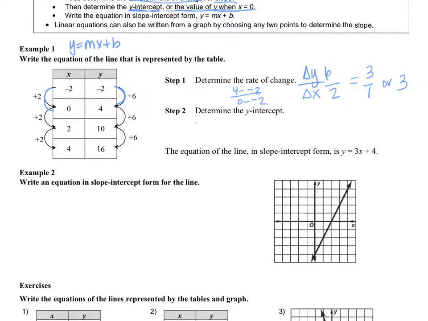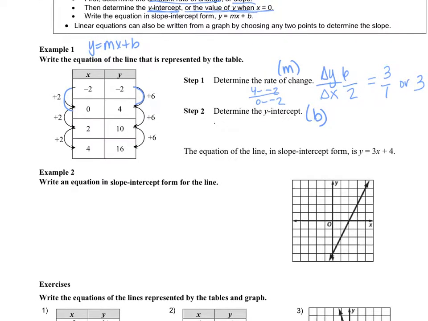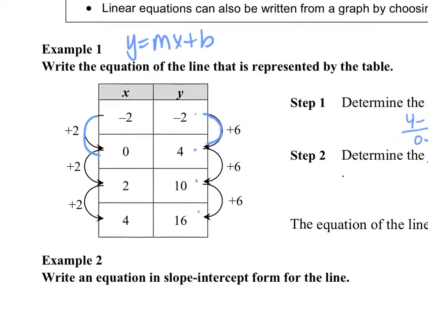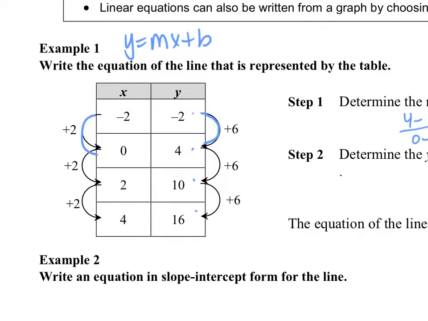So then if you have a table and you have to find the y-intercept, so we need our b for that equation. We've got the m. Now we need the b to plug in that equation. That's going to be your y value when your x value is 0. So on that table, do you see where your x value is 0?